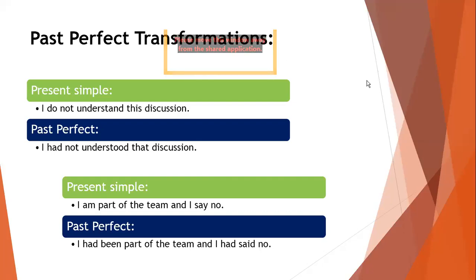That is the only part we need to worry about. I want you to take a look at these two examples. We are going to talk about past perfect transformations.